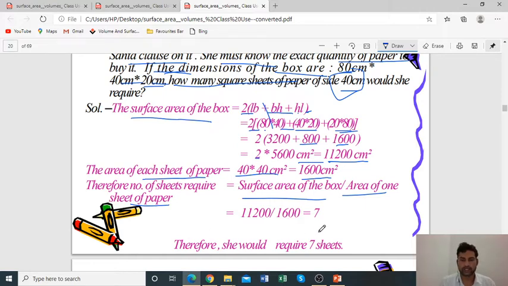So she would require 7 sheets. So the correct answer is 7.